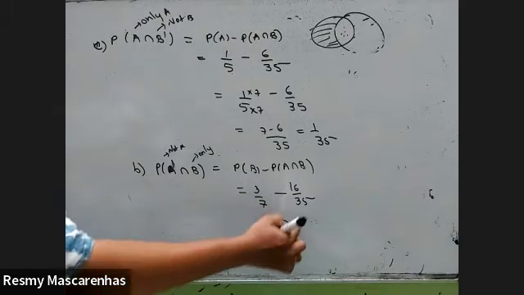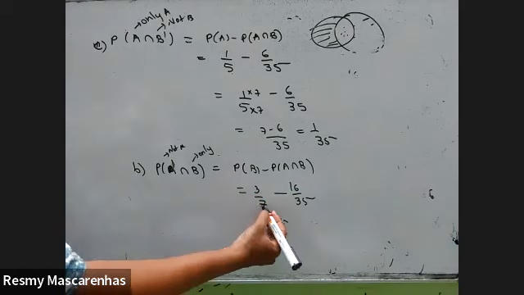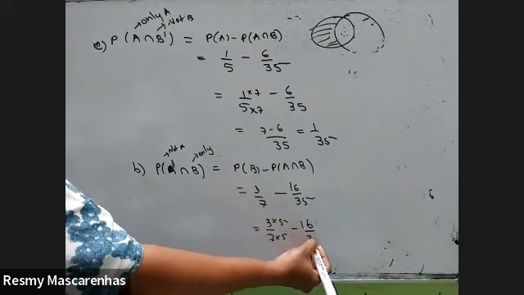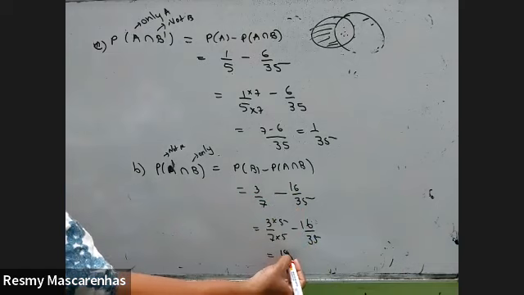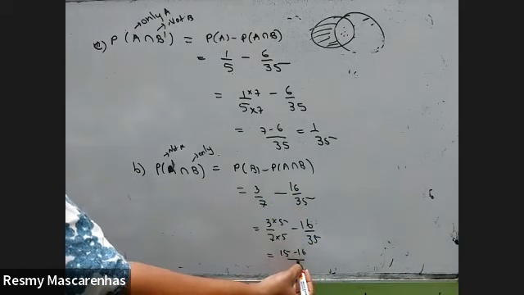Make it same as 35. So I need 5 to multiply to make it 35. 15 minus 6. Something has gone wrong.